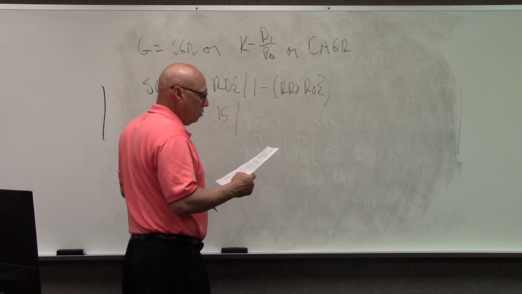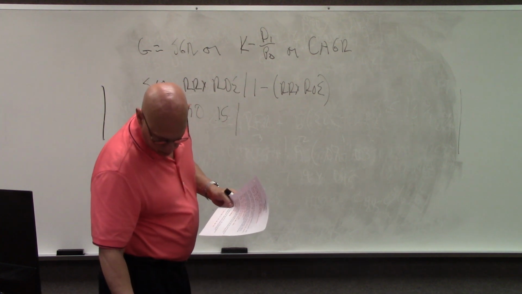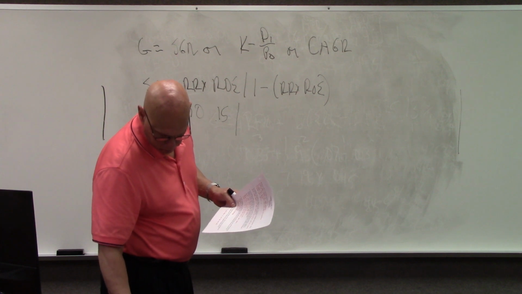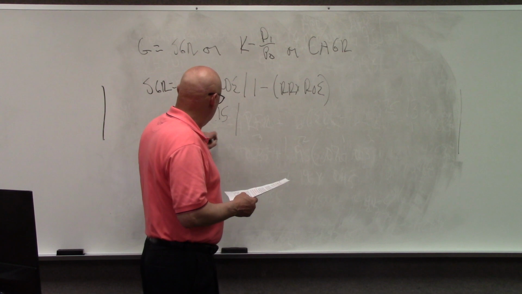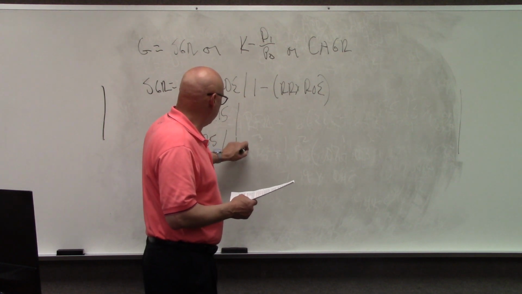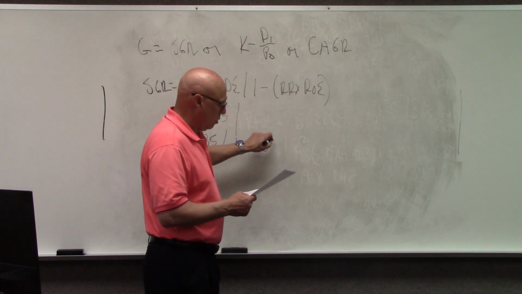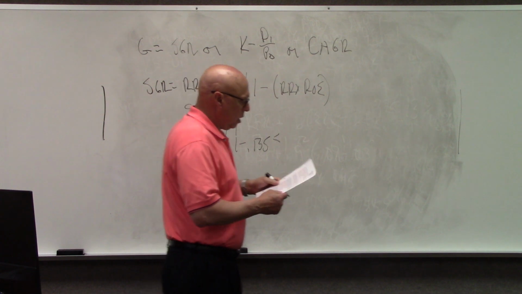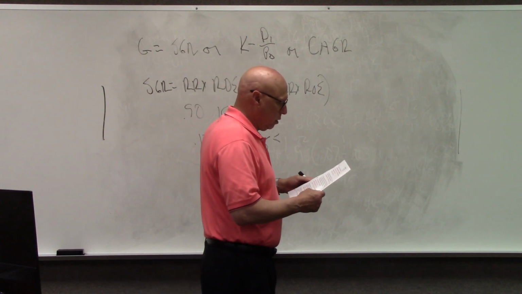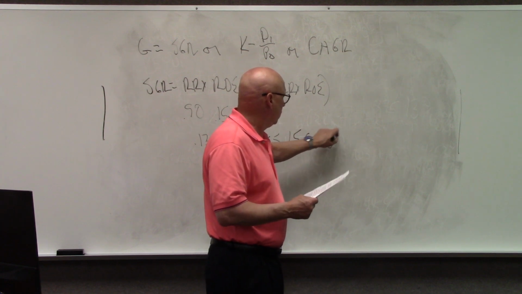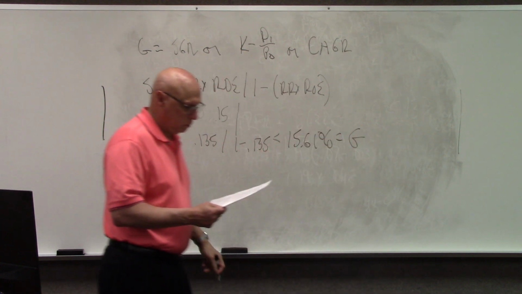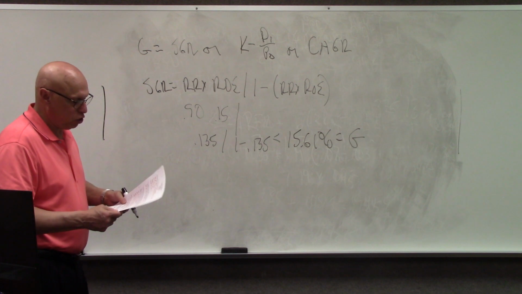So 0.15 times 0.9 is 0.135, divided by 1 minus 0.135, and that is 15.61%. That's your G, so that's SGR.